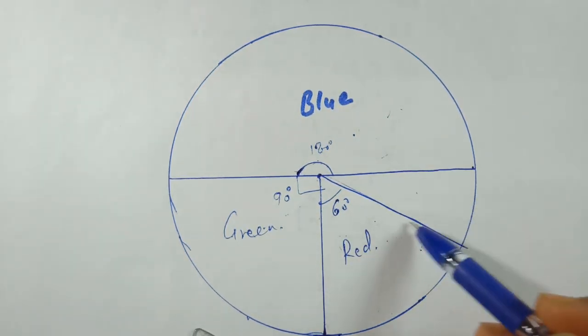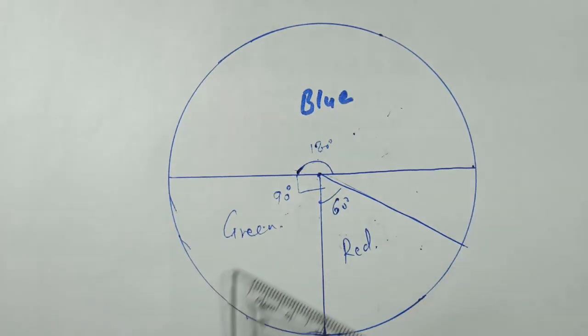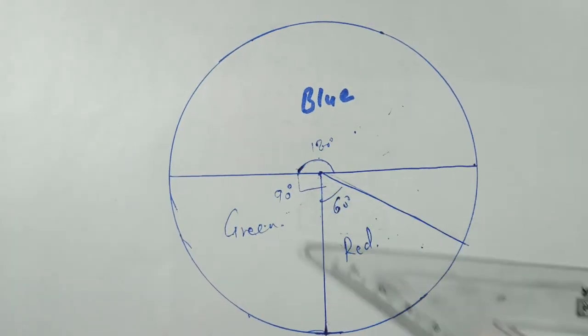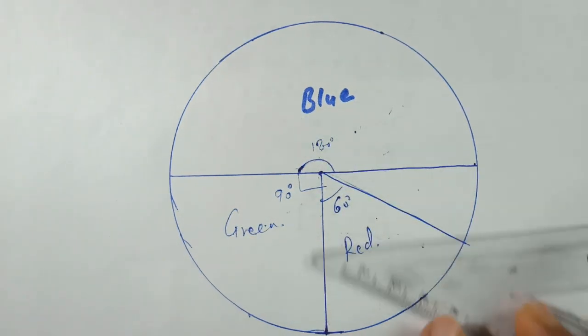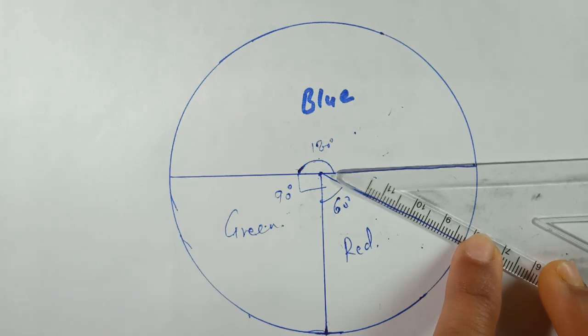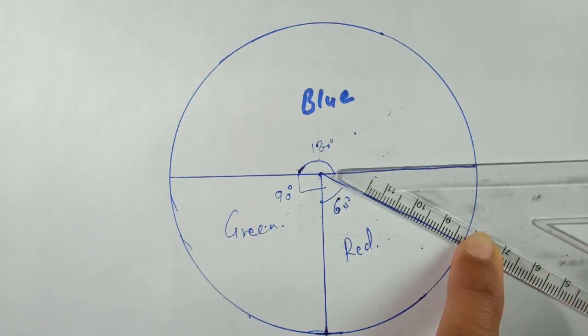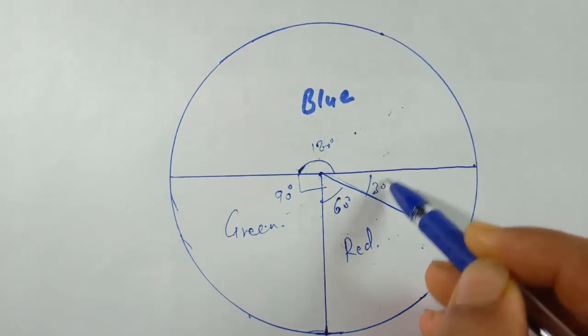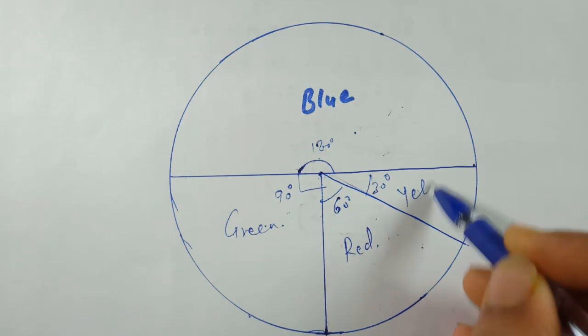The last portion left is for yellow. Let us check whether it is 30 degrees or not. We keep the set square carefully over here, and we observe that it completely covers this angle. So this is 30 degrees, and it is occupied by yellow.